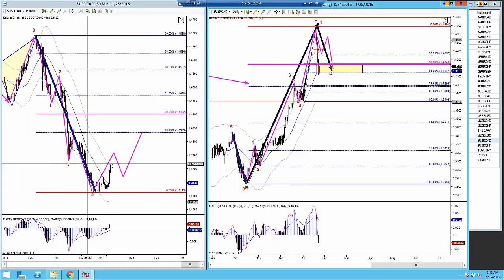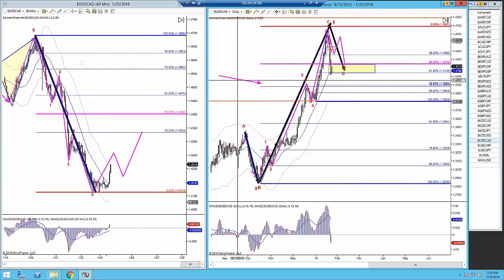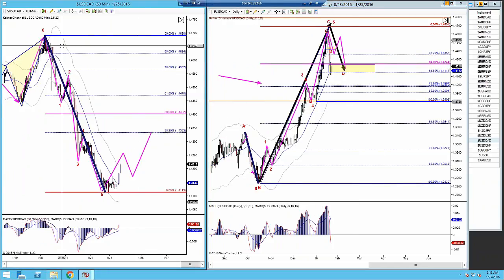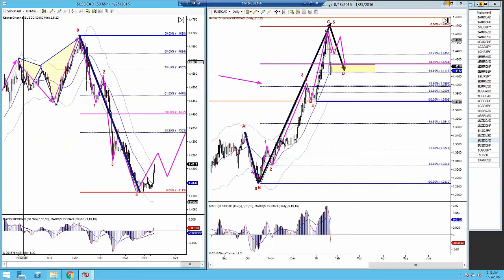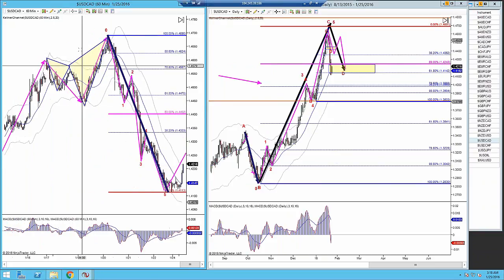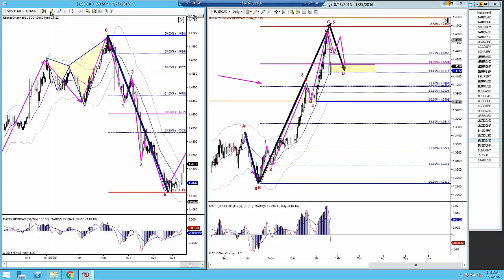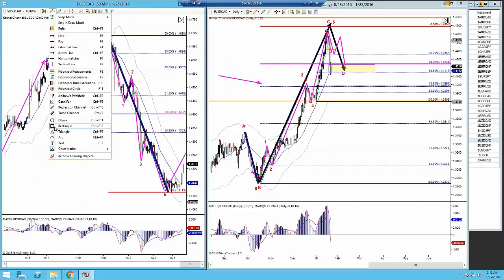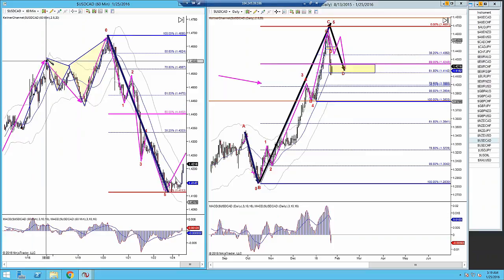You see that, guys? Makes sense? That's why we talked about this the other day. When it made its fifth wave and shot up, we were looking at this here. We actually looked at this on our scanner. A, B, C.